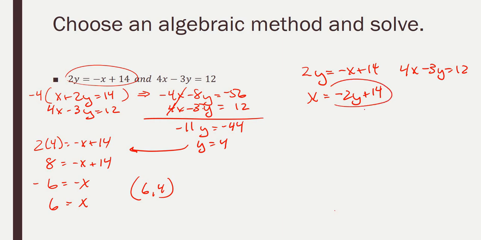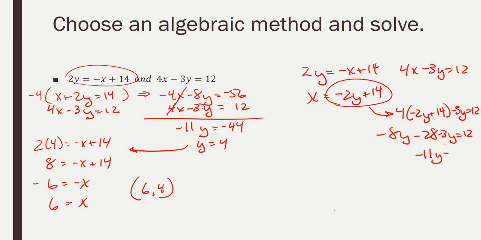I'm now going to use my substitution by bringing this over and putting it in place of x. Distributing, negative 8y minus 28 minus 3y equals 12. Negative 11y, adding 28 to that side. I get 30. Something has gone wrong.